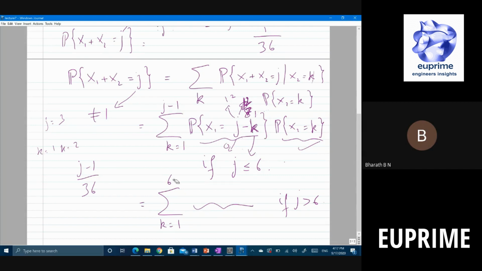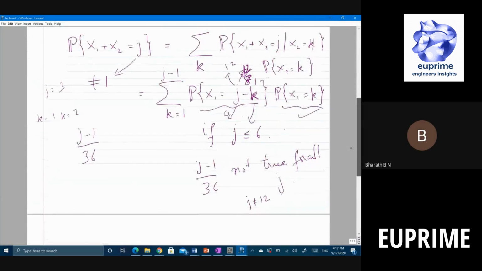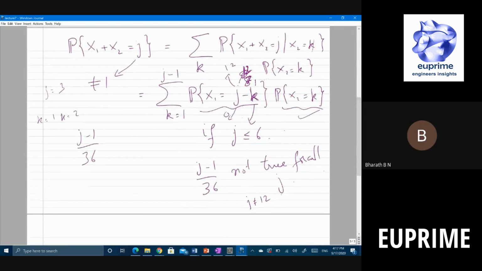So basically the point that I'm making is j minus 1 by 36 is not true for all j. For example, j equal to 12, it does not hold good. Is that fine? Okay, so for different j, you have to explicitly compute what this particular thing will be.